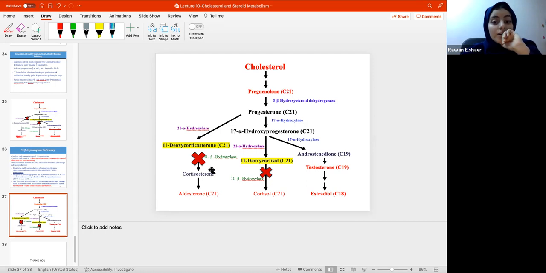So that's what it's mainly going to cause. That's the difference between the 21 alpha hydroxylase and the 11 beta hydroxylase. With 11 beta hydroxylase, you have some mineralocorticoid activity being formed, and that's what leads to a lot of water and salt retention, hypervolemia, and hypertension.